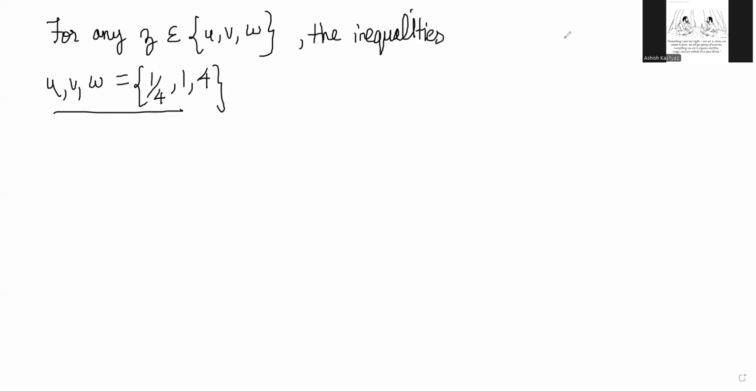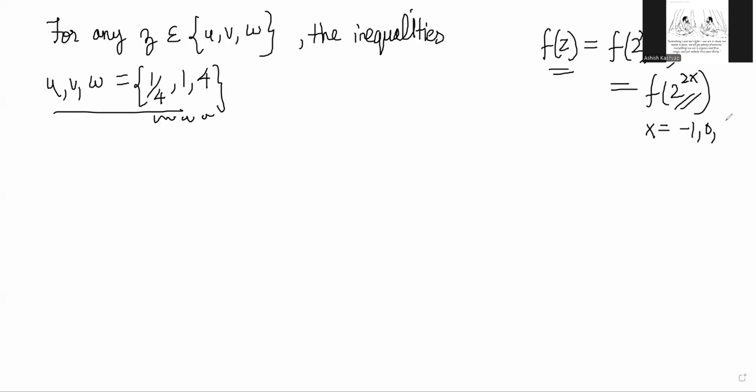If you give input z to the function, what we know is that f of z is equal to f of 2^(x^3+x) and is equal to f of 2^(2x). So z is any one of these inputs, and at those values both of them are equal because x could have been -1, 0 and 1.